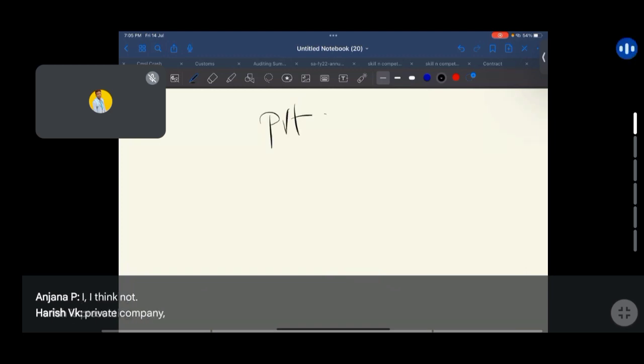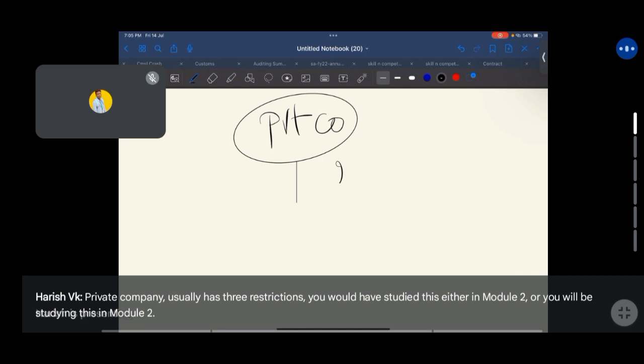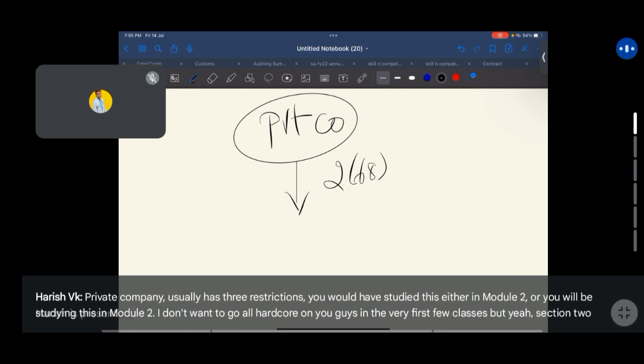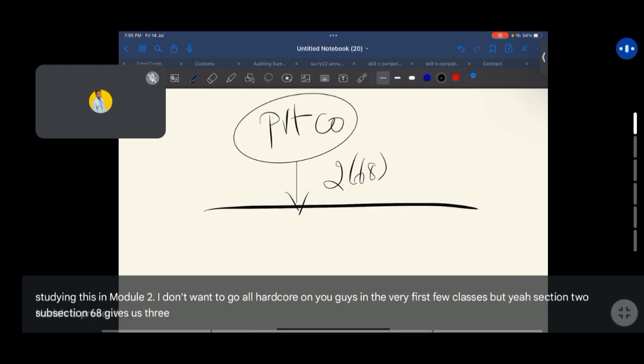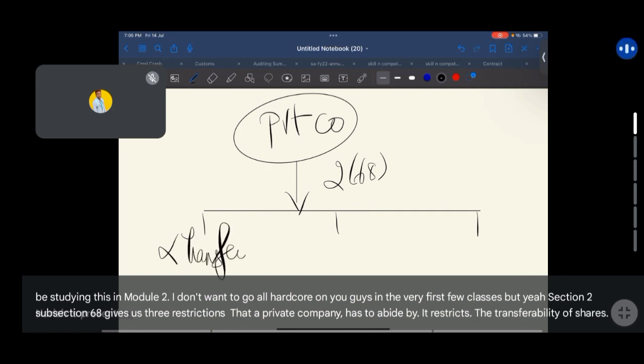Private company usually has three restrictions. You would have studied this either in module 2 or you will be studying this in module 2. I don't want to go all hardcore on you guys in the very first few classes. Section 2, subsection 68 gives us three restrictions that a private company has to abide by. It restricts the transferability of shares.